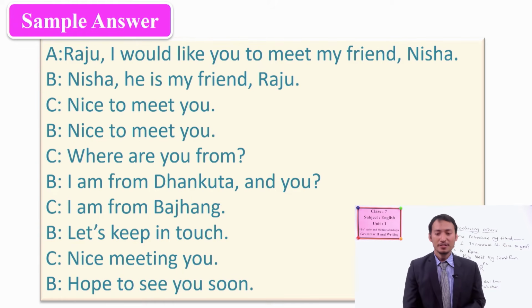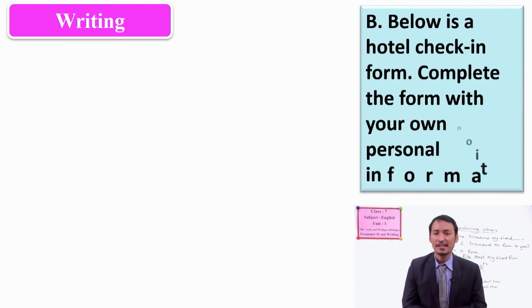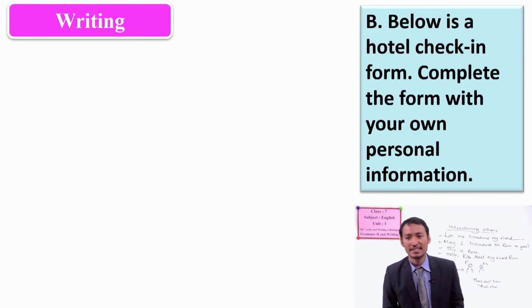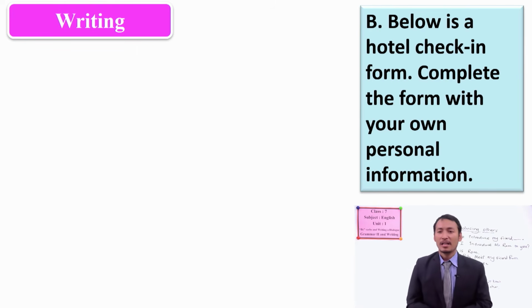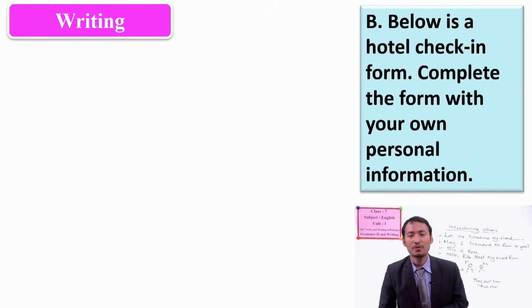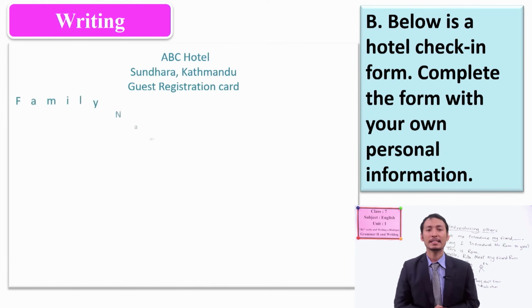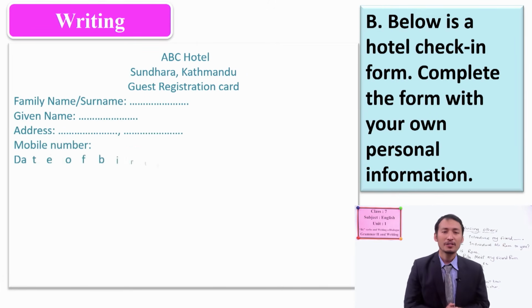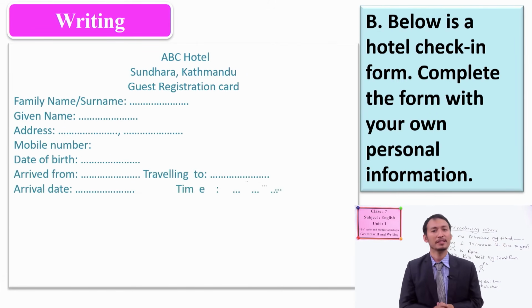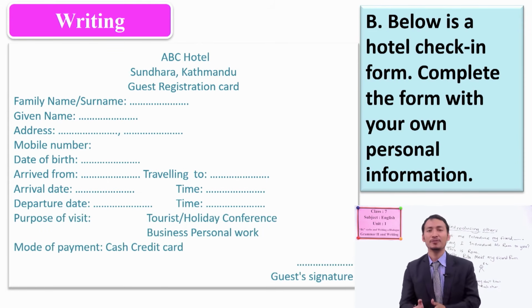Okay, now we are going to talk about the next exercise, that is exercise B from the writing section. Look at the hotel check-in form below. Okay, students, there is a form. I'm going to show you here. This is a hotel check-in form. It means when you enter a hotel for staying there, you have to fill in the form and complete it with your own personal information.